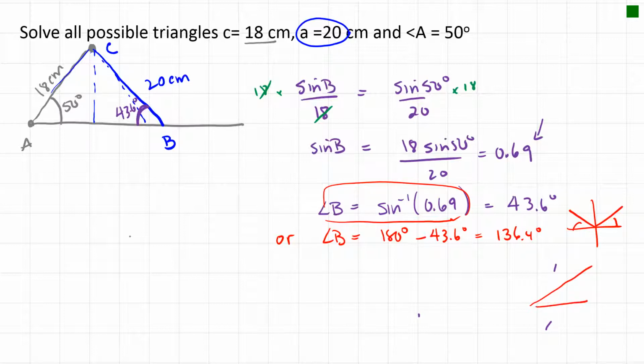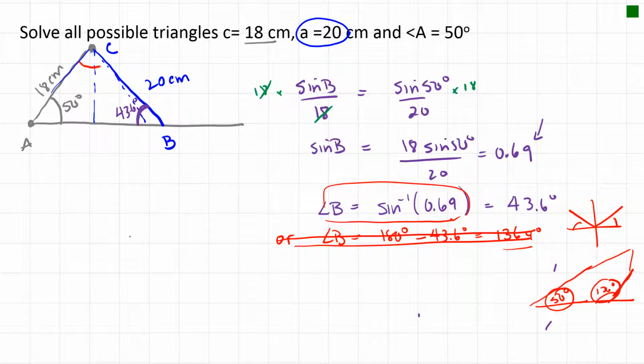If this is 50 degrees and this is 136, notice that these two already add up to more than 180, so there is no way that can work. So there's only one possible triangle, which our little sketch predicted, and now we can go from there.